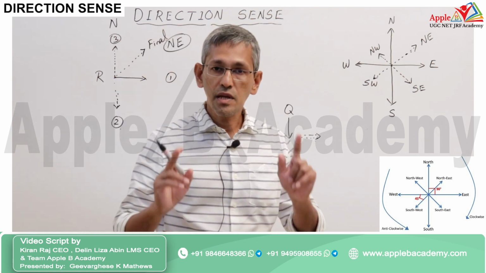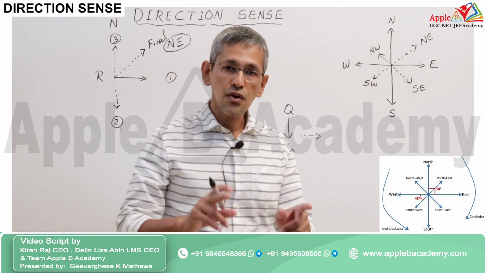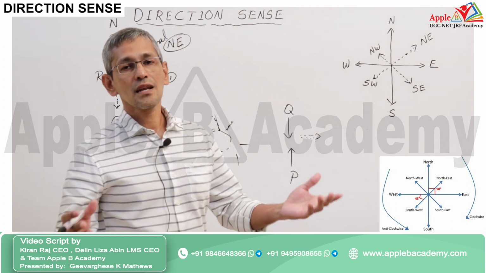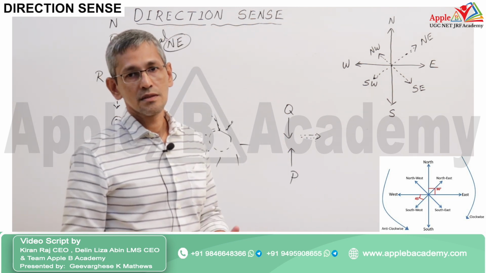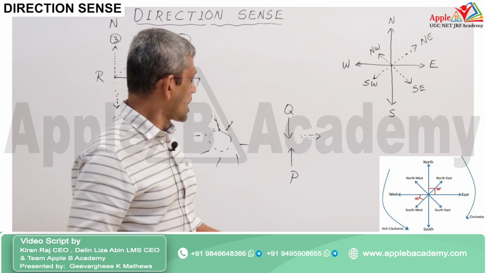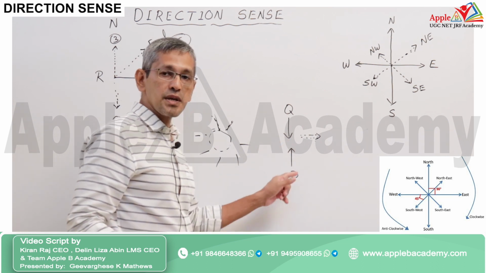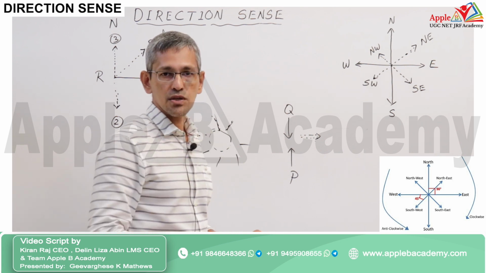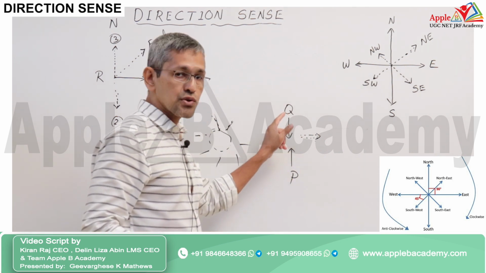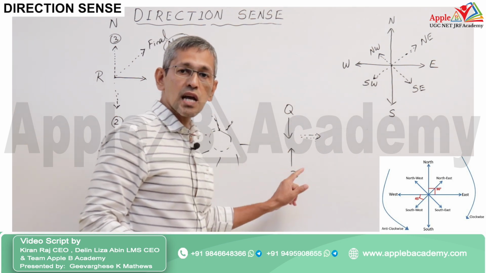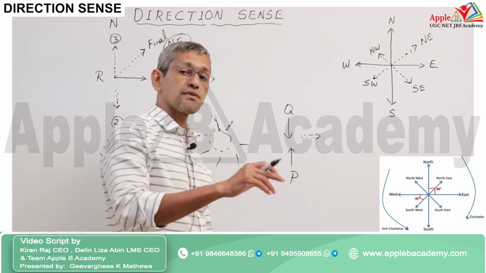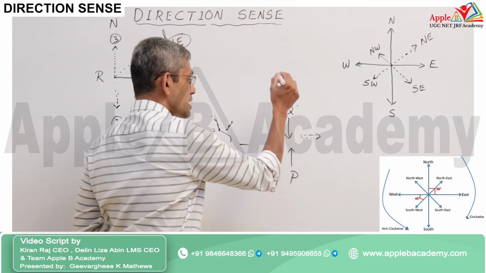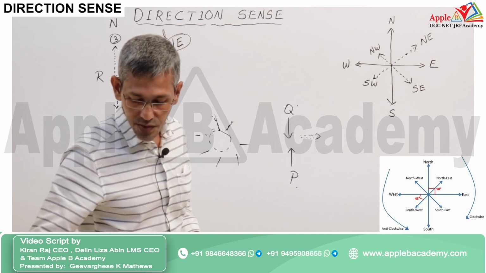That means our assumption of P and Q is not correct. So this is a trial and error method. P here and Q here is not it. It must be the other way, so we have to have P here and Q here. Let's try this.